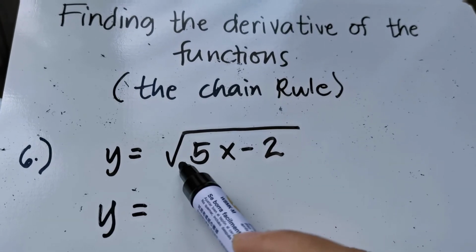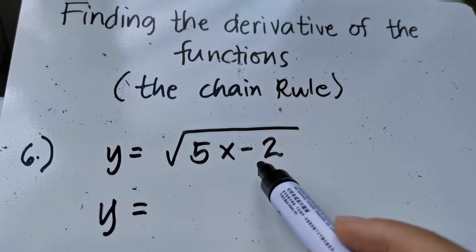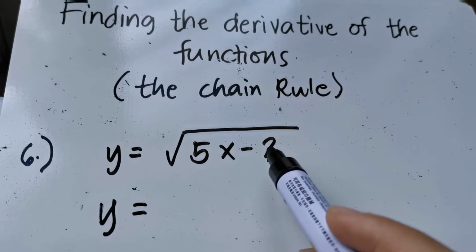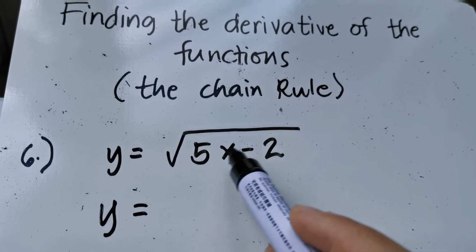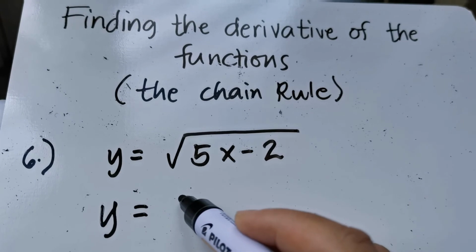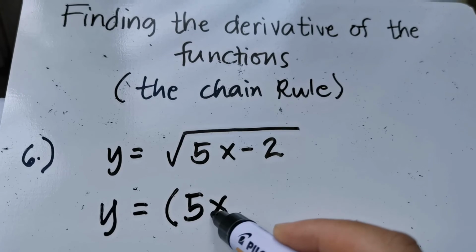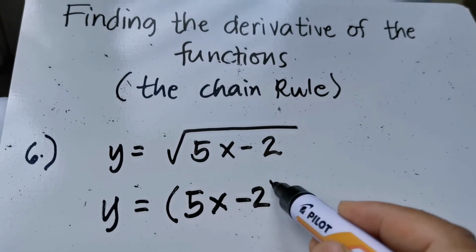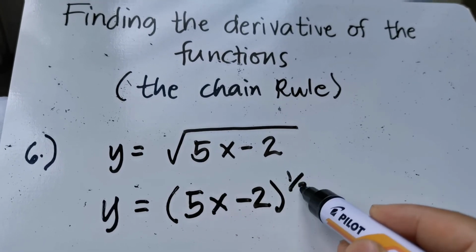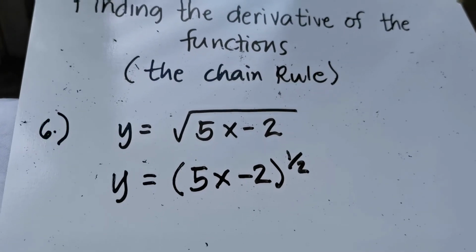The equivalent exponent of the square root is 1/2. So we have y equals 5x minus 2 raised to 1/2.